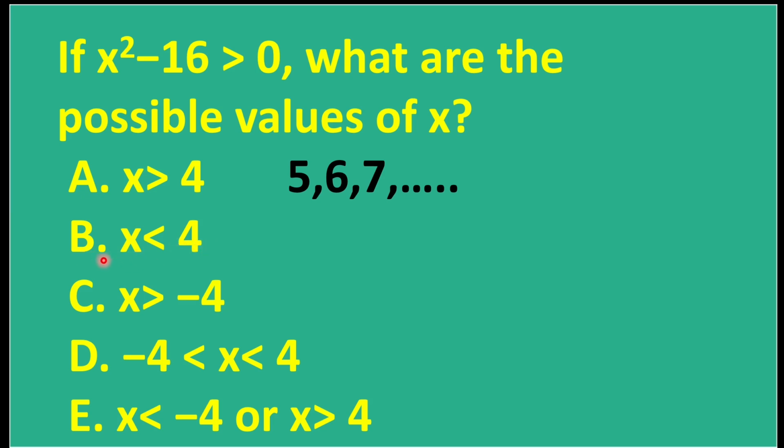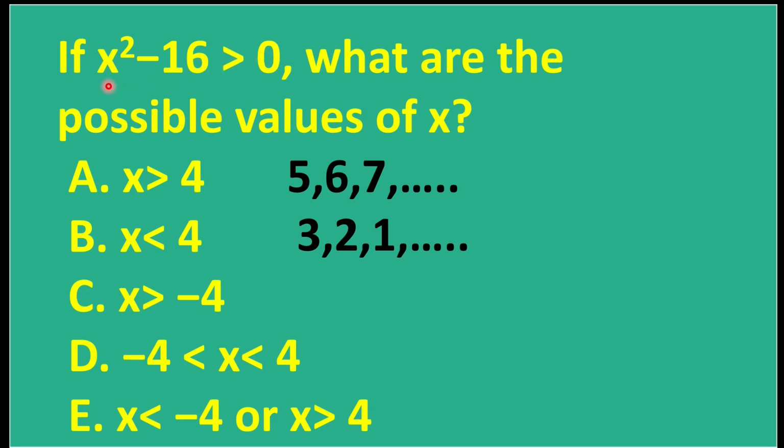For option B, x is less than 4. It means that any value less than 4 we can put. For example, we can say x equal to 3, 2, 1, or even 3.99, because 3.99 is also less than 4. But even if we put 3.99 over here, it will not be greater than 0.